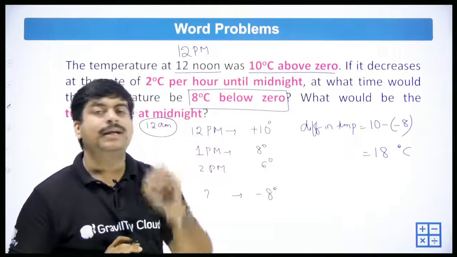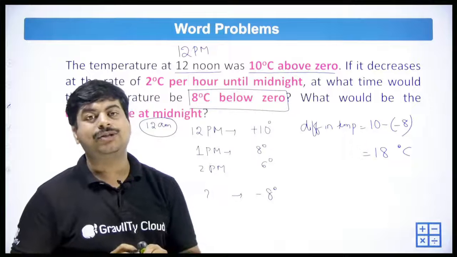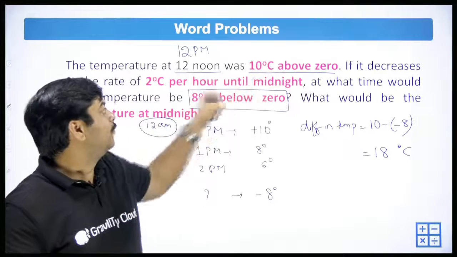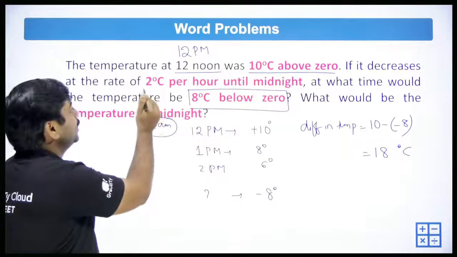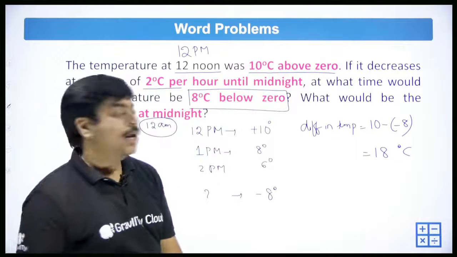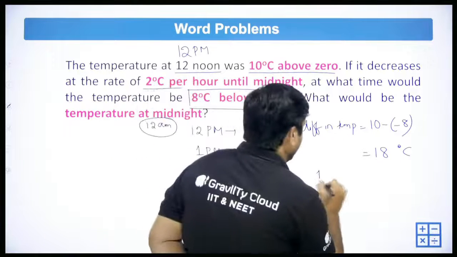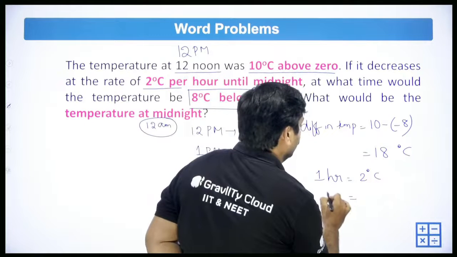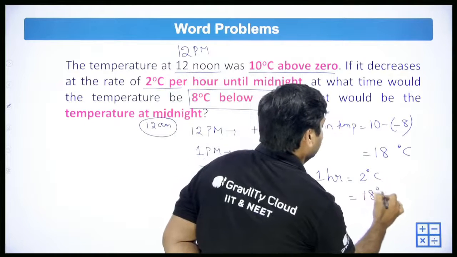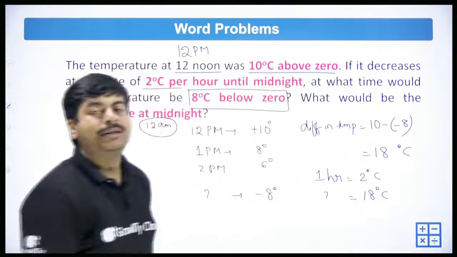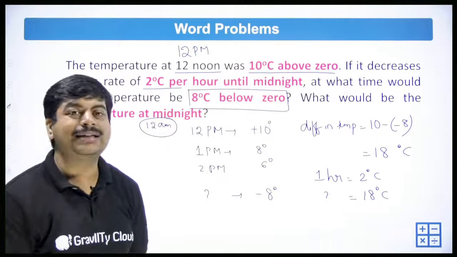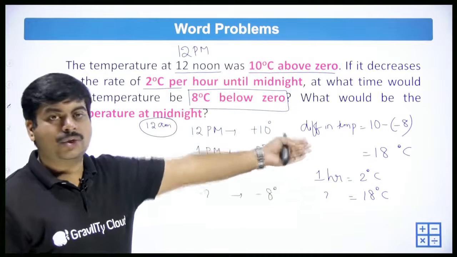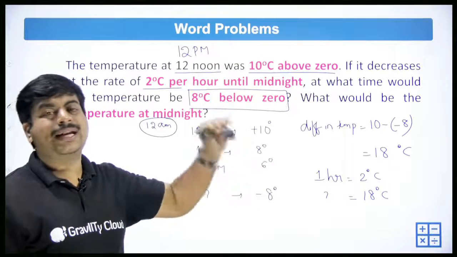But how many degrees per hour is it being changed? 2 degrees, right? It decreases at the rate of 2 degrees per hour. So per 1 hour, if you have a change of 2 degrees Celsius, how much time do you need for 18 degrees Celsius? It's very simple. 2 9s are 18, so 9 hours.